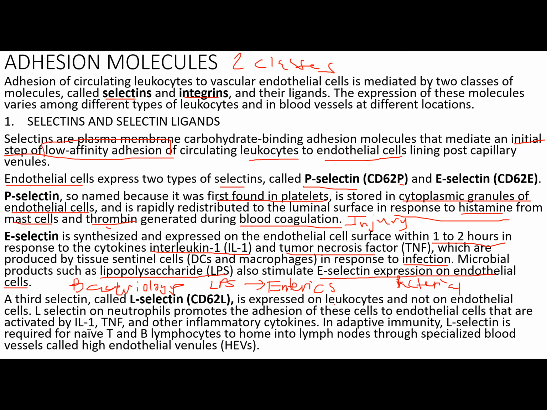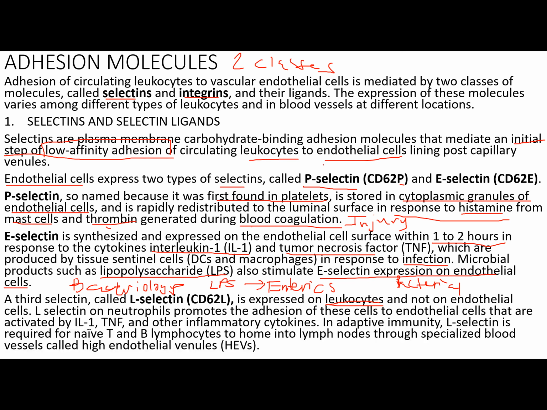Now, there is a third type of selectin, called L-selectin or CD62L. This is expressed on leukocytes. I did not include it earlier, class, because the selectins I mentioned earlier are only found on endothelial cell. But this L-selectin is the only one found on leukocytes. So please remember this.